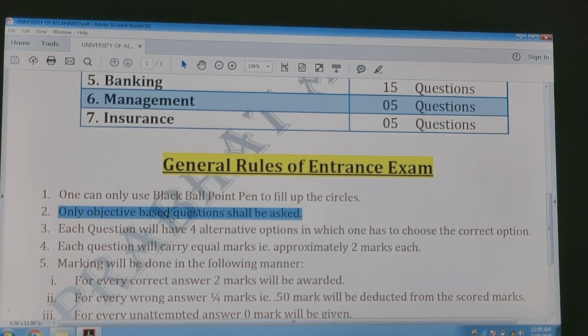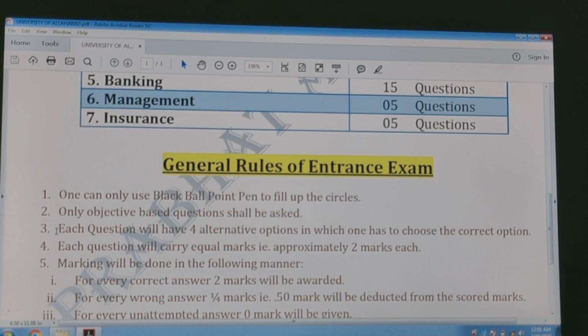But in objective based questions, the question will be given certain alternatives, and out of the alternatives you have to select the best alternative which you feel is going to be the correct answer. So you only have to tick the correct answer, nothing else. You don't have to describe the answers.